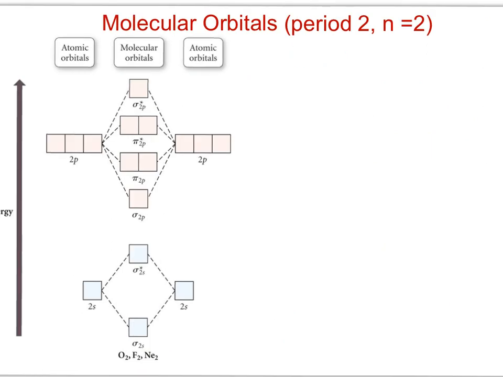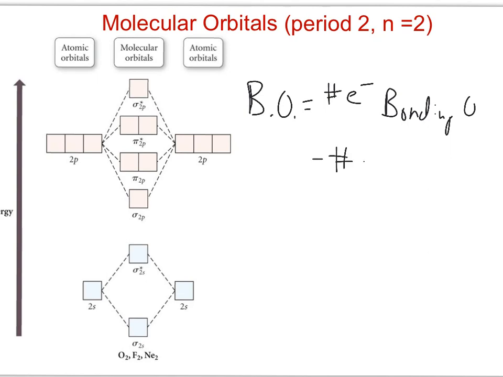Bond order practice continued, and determining whether a diatomic molecule is paramagnetic or diamagnetic. So bond order, BO, is equal to the number of electrons in bonding orbitals minus the number of electrons in antibonding orbitals, I'm just going to abbreviate anti, all divided by 2.